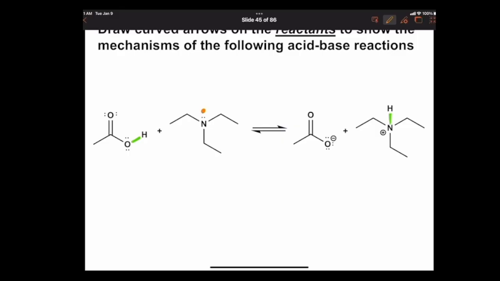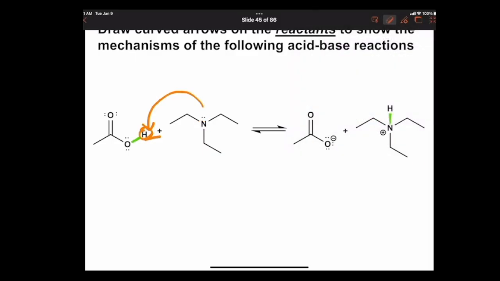We put our pen down where there are electrons, in this case the nitrogen. We take that lone pair, and we're going to form a bond with the hydrogen. The way you draw this, the arrow will point towards the hydrogen. Now, by convention, this is okay. What you're inferring here is that these electrons will be part of a bonding relationship between hydrogen and nitrogen.